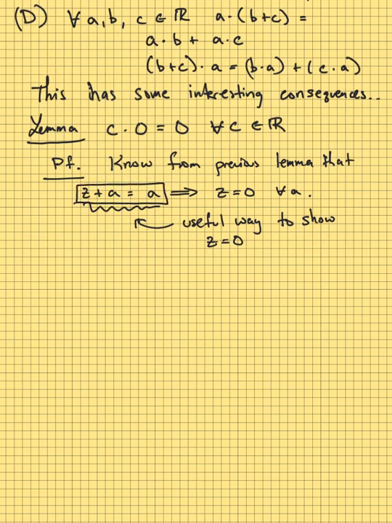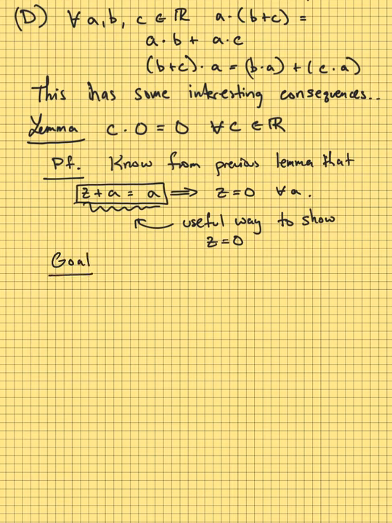You have to find an element of R where z plus a is a. And hopefully you can choose the element a in a clever way so that you can use some previous axioms. Okay? So here's our goal.